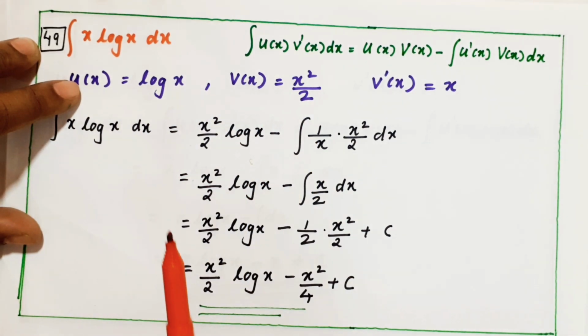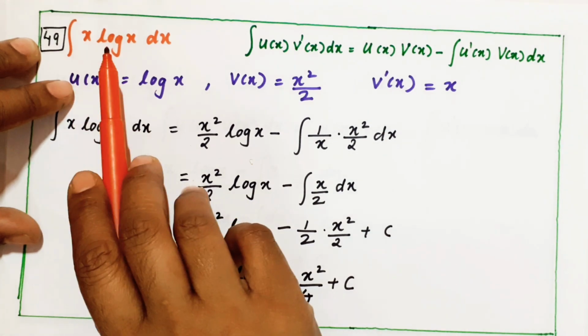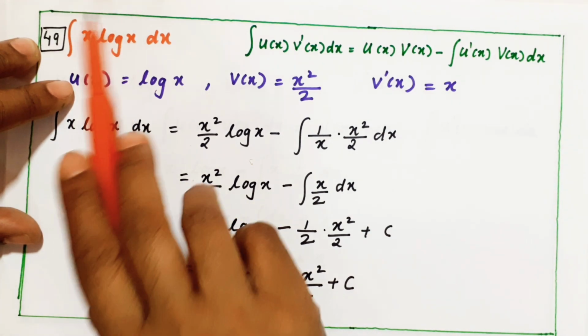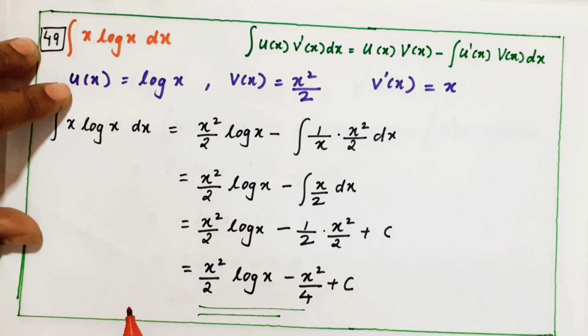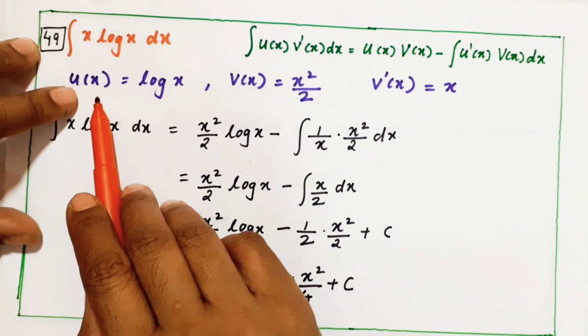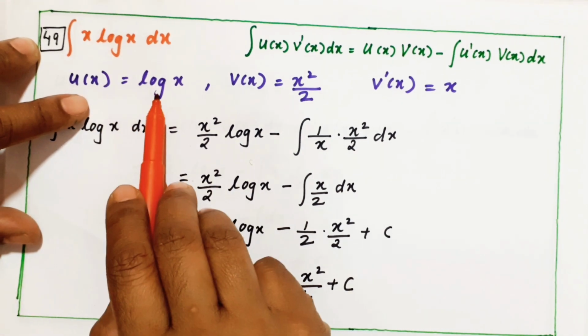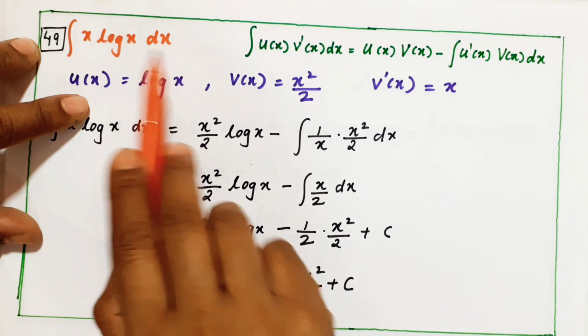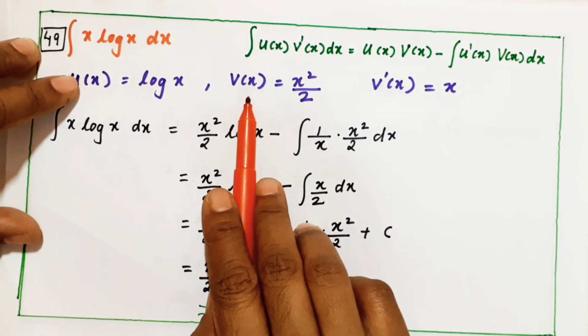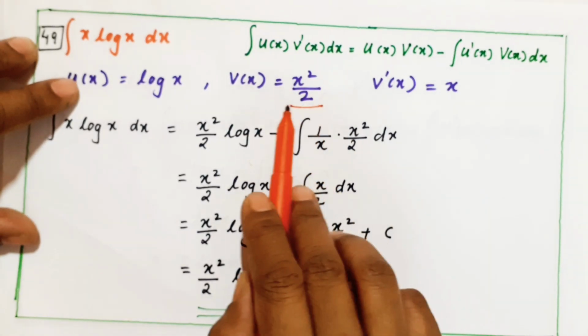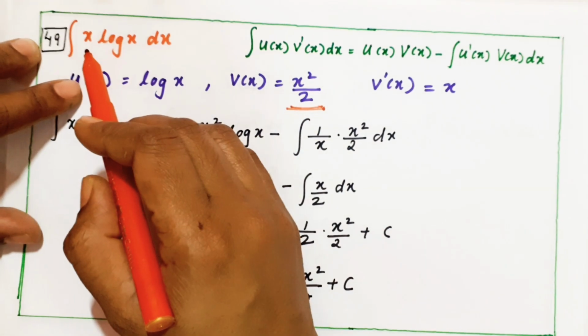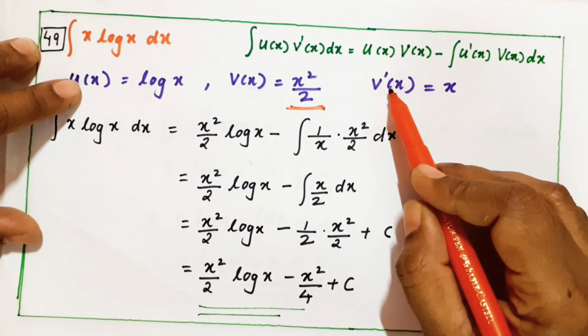Why? Because the term they have given is v dash x. So in this question, we are taking u of x as log x and v of x is x square by 2. Why? Because this term x is nothing but v dash x.